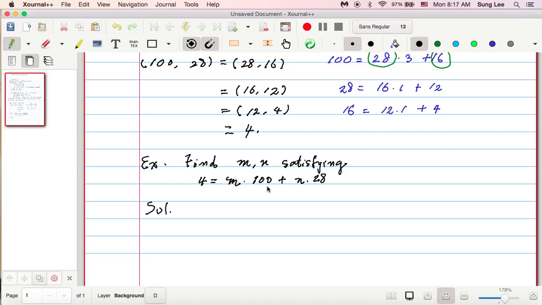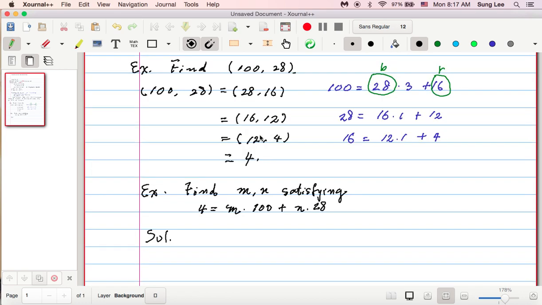In fact, we can use the previous example to find at least one solution of this Diophantine equation, by working backward through the process we did in the previous example.